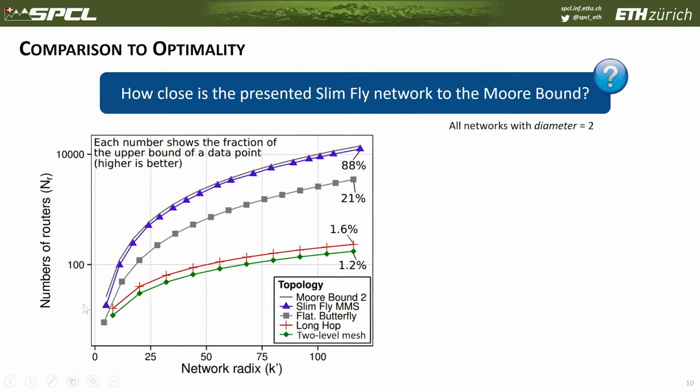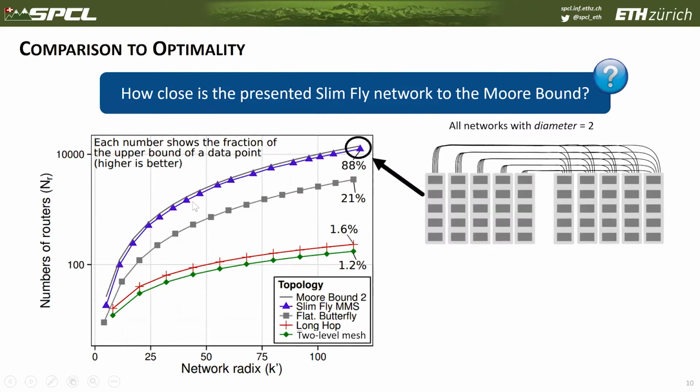On the y-axis, we can see the number of routers in the topology, so the larger the network is. And again, data series are different topologies. Except for the line at the top, which is the upper bound, the Moore bound. Now we can see that SlimFly, this blue data series, is very, very close to this upper bound. So we are really not far away from the maximum that we can get in terms of optimality.